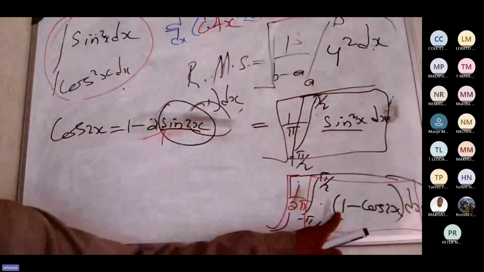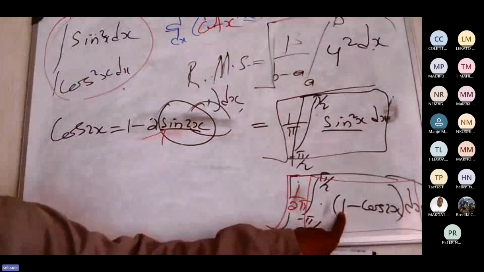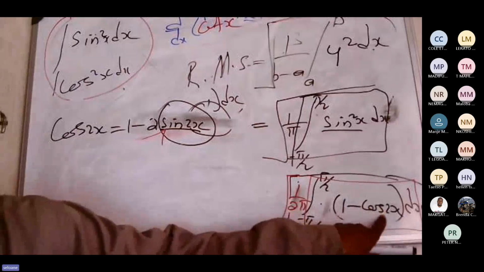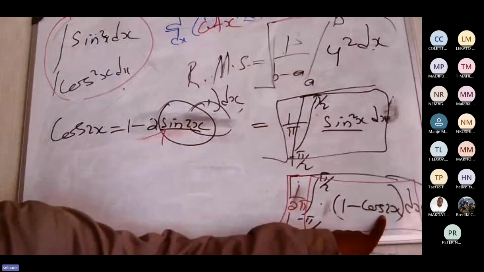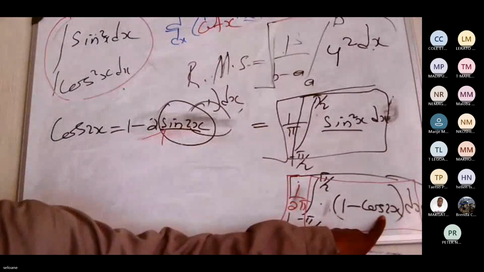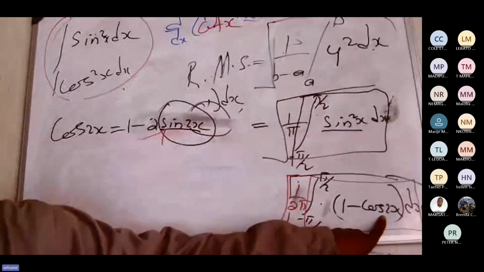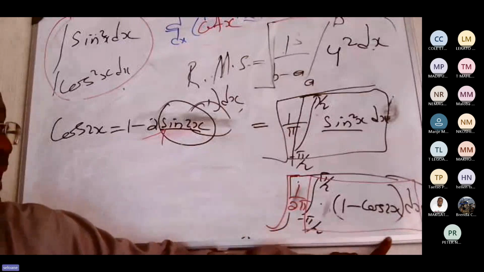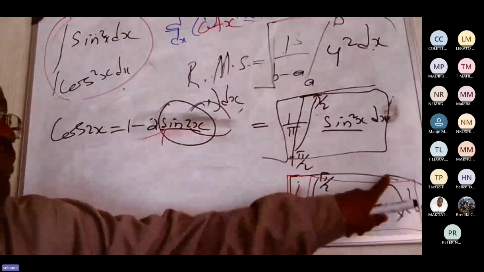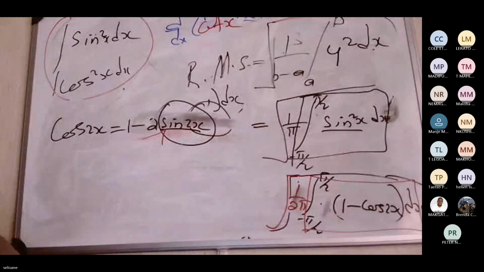The integral of 1 with respect to x will be x, and the integral of this will be minus half sine 2x. You evaluate it from minus pi over 2 up to pi over 2.